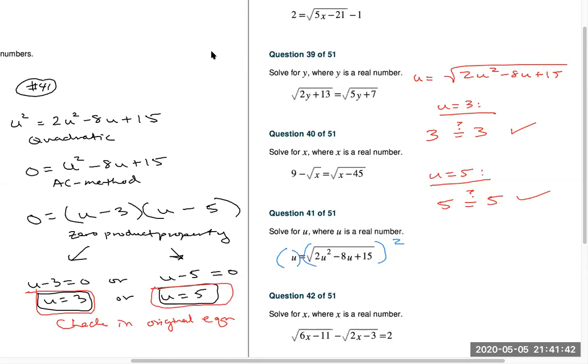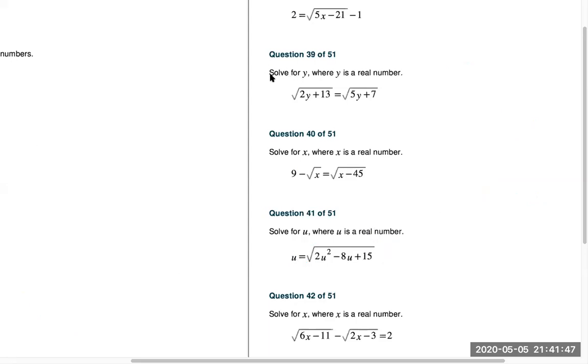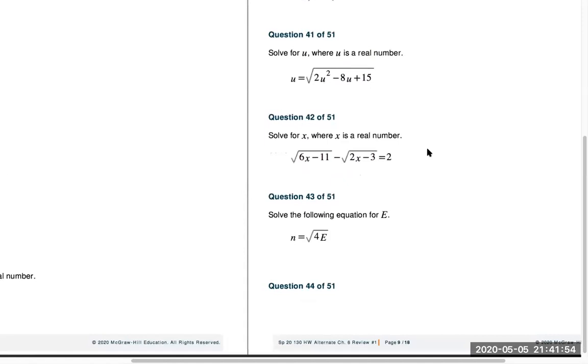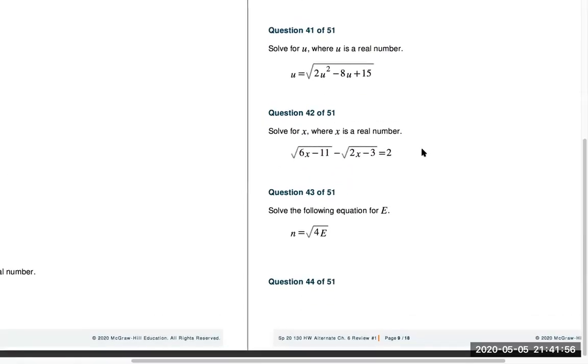Okay, let me clear all this. 43, solve the following equation for E. For this one, you're just going to treat the N like another constant.